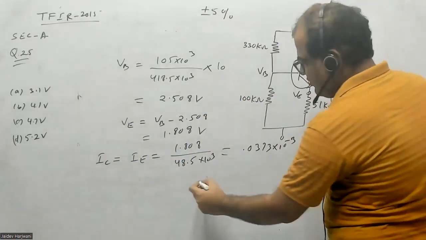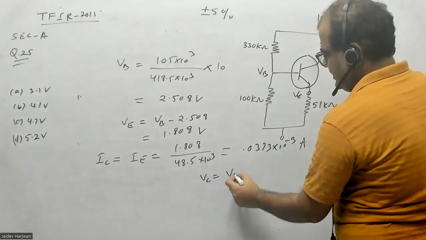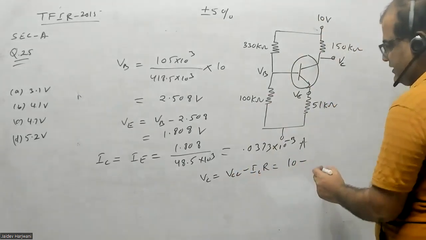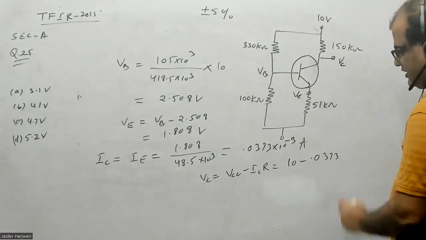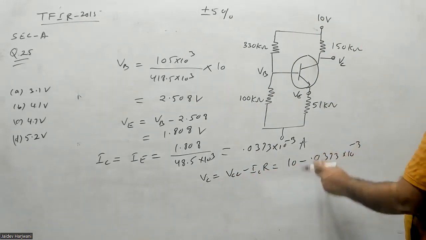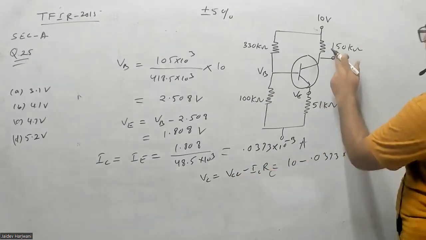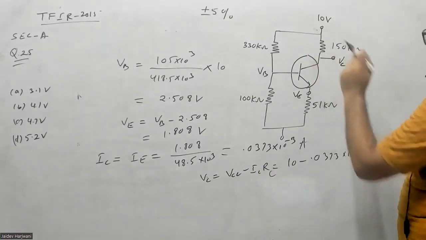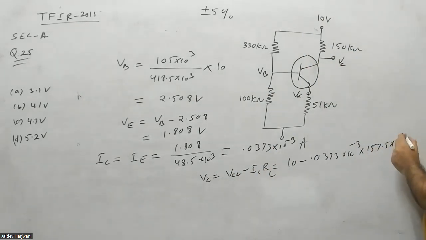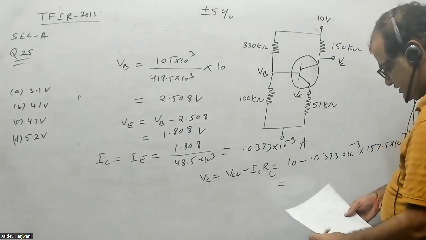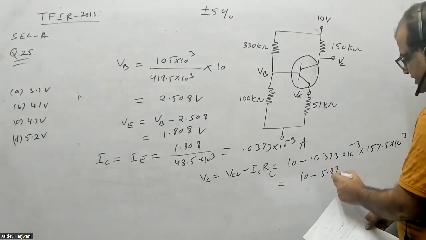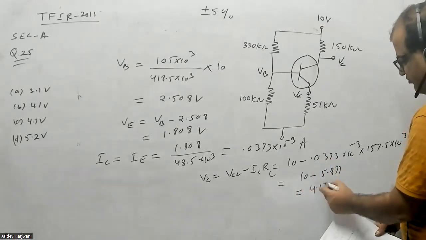VC will be VCC minus ICRC, that is 10 minus 0.0373 into 10 raised to the power minus 3, into RC. I will take the maximum RC value because I want the maximum drop here, so that VC is minimum. The maximum is 157.5 kilo ohm. If I solve this, it comes out 10 minus 5.87, that is 4.12 volt.